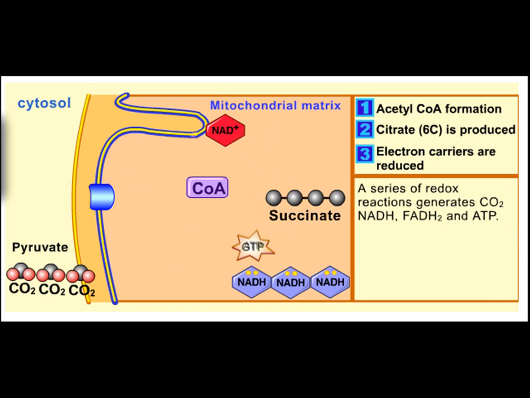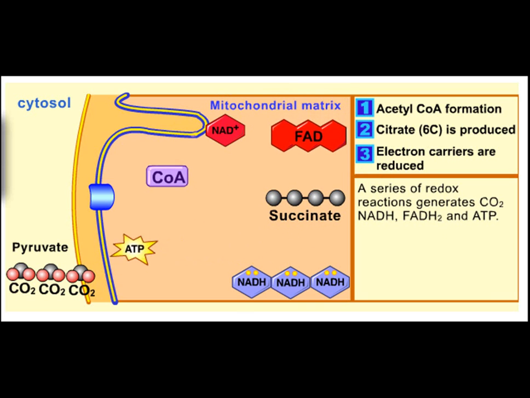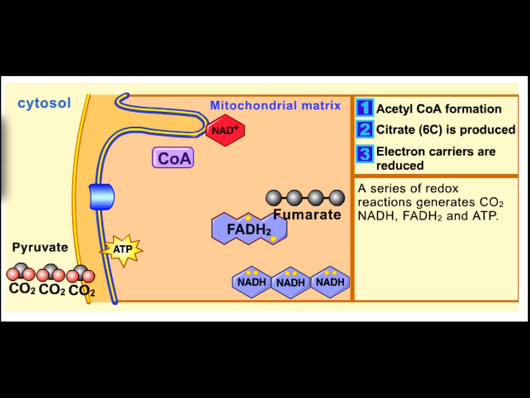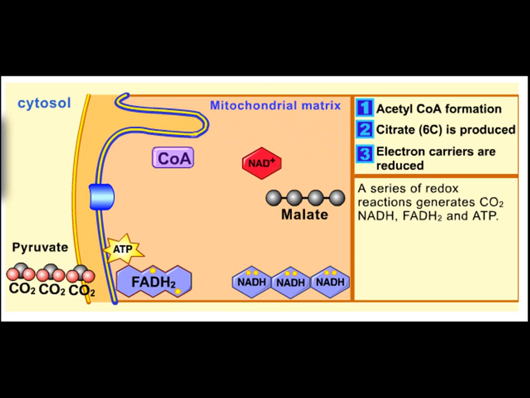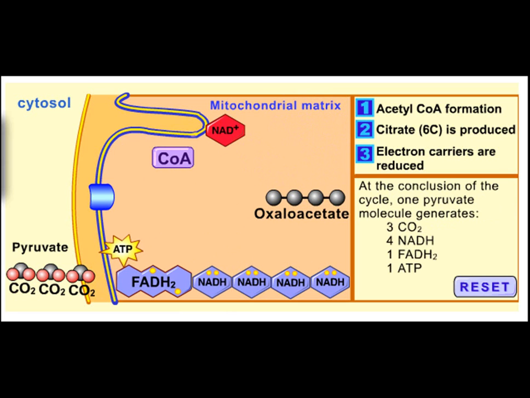ATP produced through substrate level phosphorylation. FAD reduced to FADH2. NAD plus reduced to NADH. So at the conclusion, or at the end of our cycle, per pyruvate, we have 3 carbon dioxides, 4 NADHs, 1 FADH2, and 1 ATP.